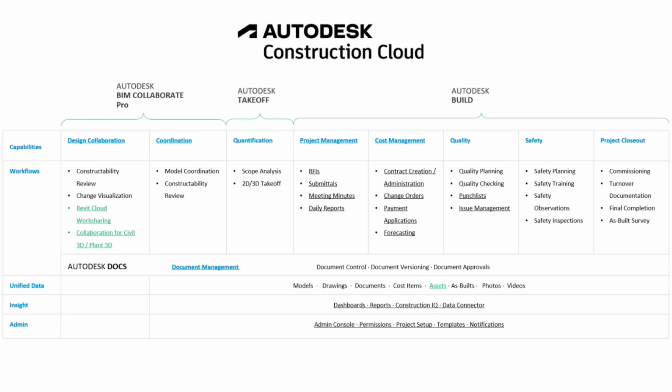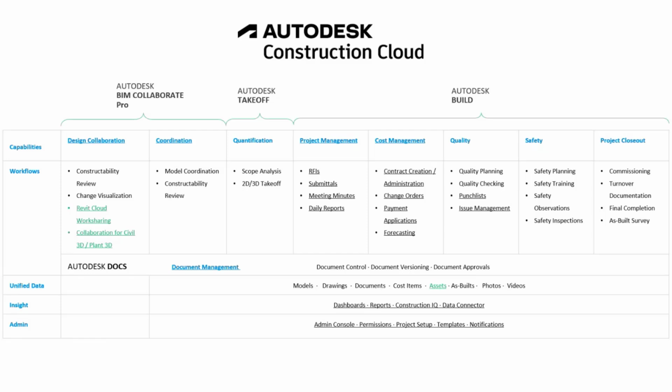Next is Autodesk Takeoff. With this one you can do takeoff, but it's web-based, 2D and 3D takeoff. Autodesk Build is more into project management, site management, quality and safety, and it also has cost management for you to track your main contractor claims, your subcontractor claims, or your own budget as well.